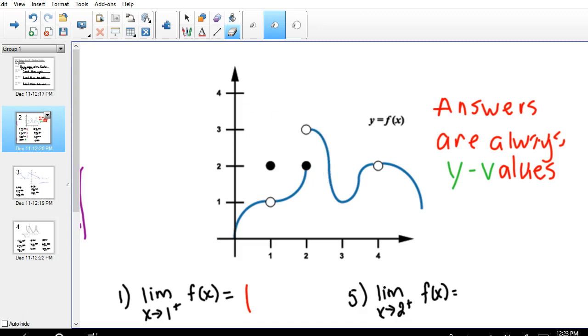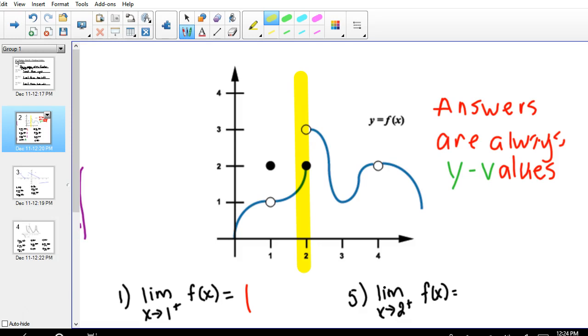Okay, so the next one asks us to look where x equals 2. Whenever you're looking at an x value, there's always a vertical line where x equals that value. Right here is our x equals 2 line. What we're thinking about is, as we get closer and closer to this line from the right side, what's the y value? You can think of plugging into your calculator 2.5, 2.1, 2.01, 2.001.